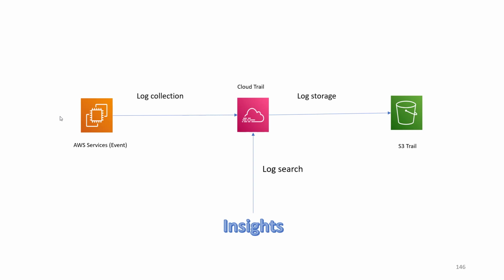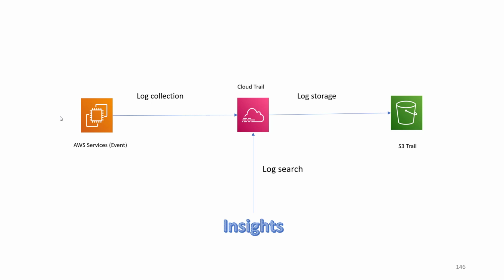AWS CloudTrail is basically divided into three sections. First, we are collecting the log. In log collection, we collect the log from different AWS services, or we can say events. If you are doing any API call using the AWS CLI, what is happening in the background?